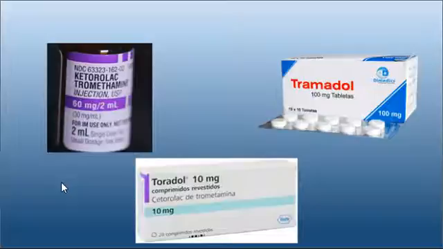Ketorolac, or commonly called Toradol, is an excellent non-steroidal for acute pain. It's actually given after procedures. It is given in recovery room. It is a non-narcotic, excellent anti-inflammatory to attack pain, used for just immediate, very, very short-term acute cases.